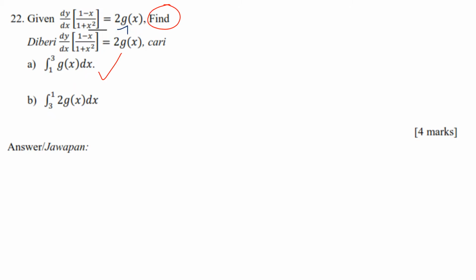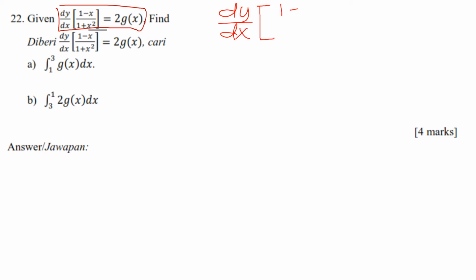We look into part A first. So I'm going to start my work with this information. This is given dy over dx, in the bracket of 1 minus x over 1 plus x squared, equals to 2g(x).